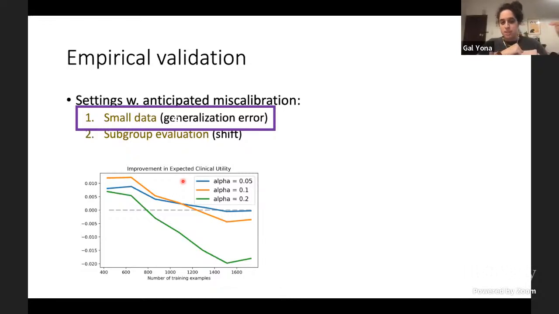But also expected is that as the number of training examples increases, you're being overly conservative, right? You're losing clinical utility when there's actually no miscalibration. So then using J, our proposed threshold, is actually worse than using J star.